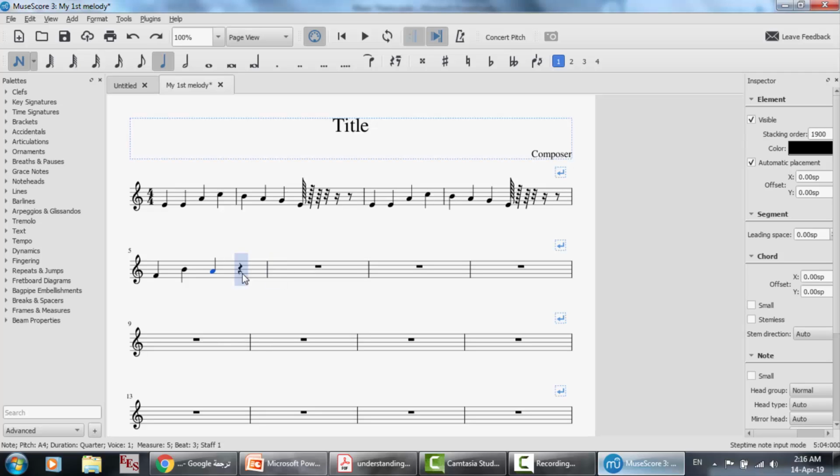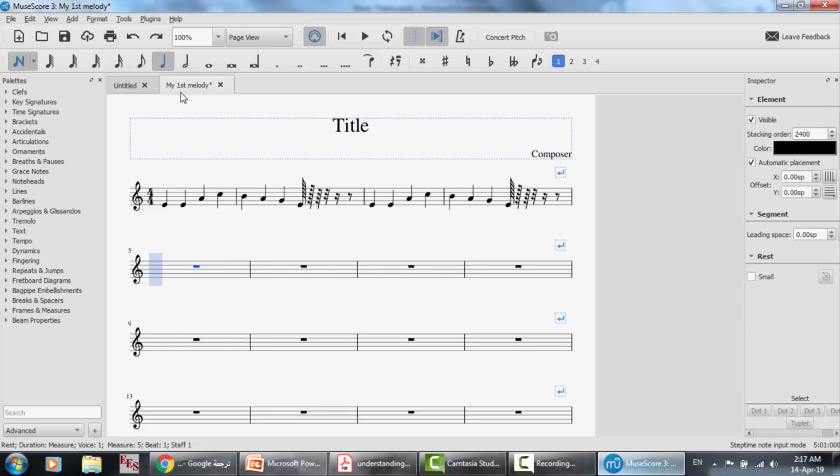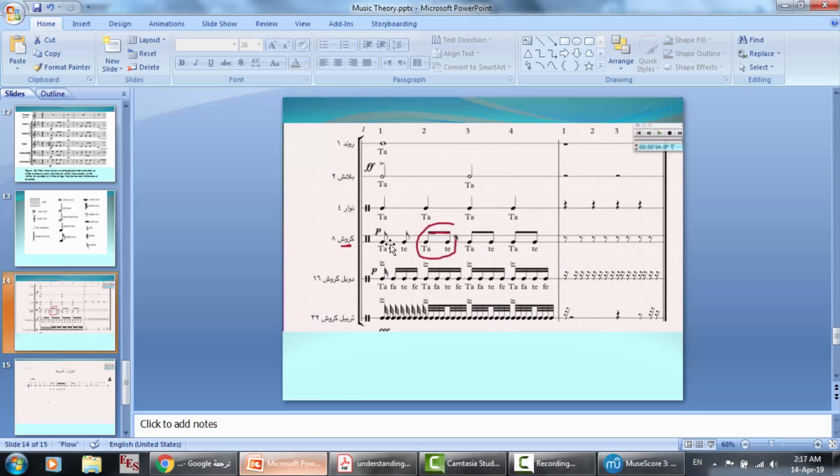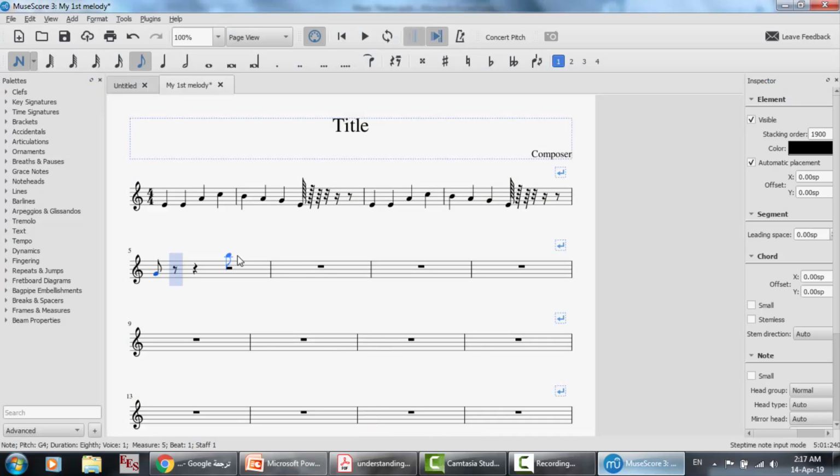What if I put something like this? I will be able to add this. I can represent it by two of these, and I will still have the chance to add more.